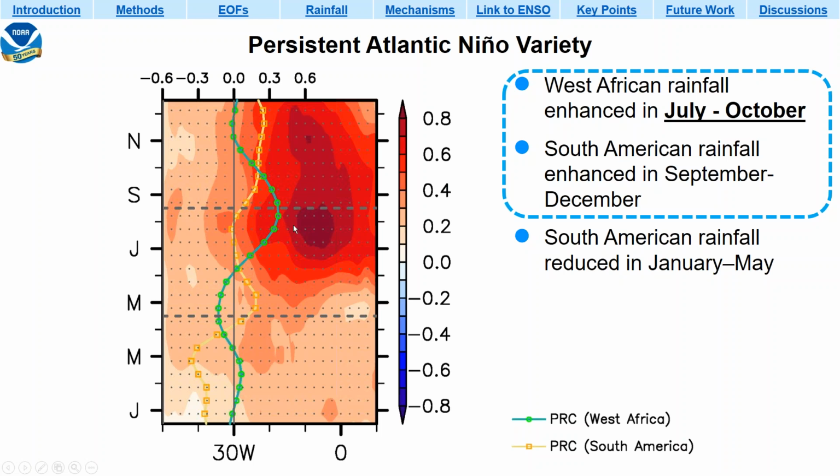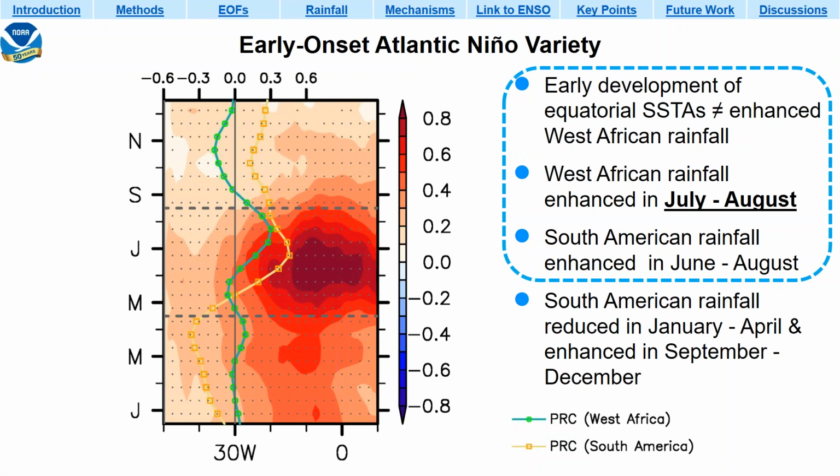So they are more or less consistent with these SST patterns. However, again, there is a reduction of the South American rainfall before the peak time of this Atlantic Nino flavor. So this is definitely nothing to do with this Atlantic Nino. We're going to show you later that this is again due to the external forcing. We'll talk about it later.